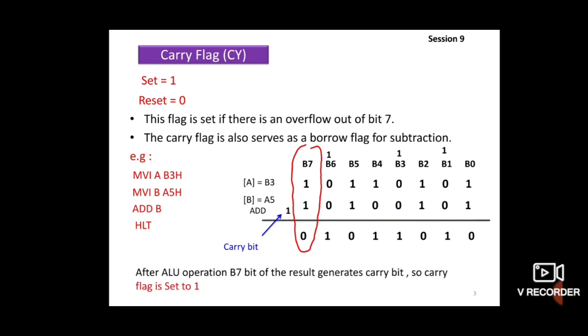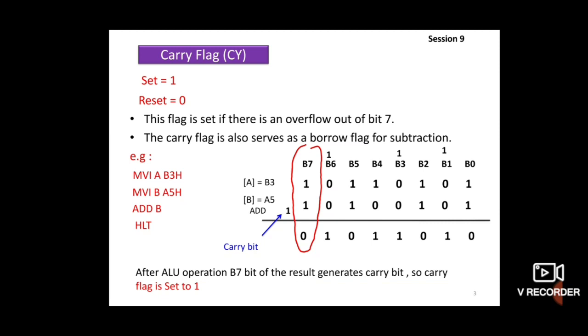See here, after the ALU operation, the B7 bit of the result generates the carry flag or carry bit. So the carry flag is set to 1. If there is no carry, then the carry flag is reset. Understood students how the carry flag is set or reset?